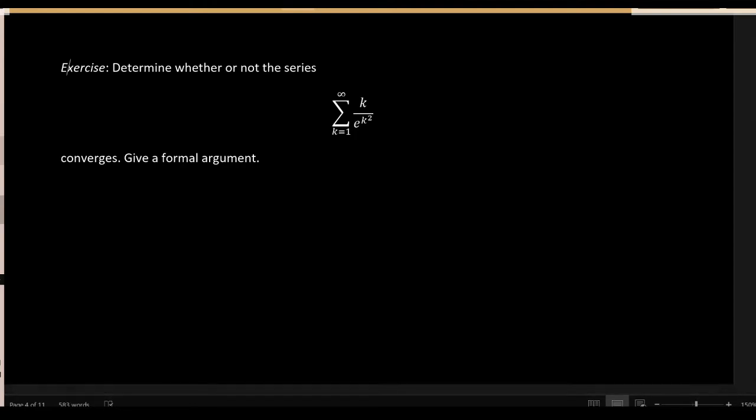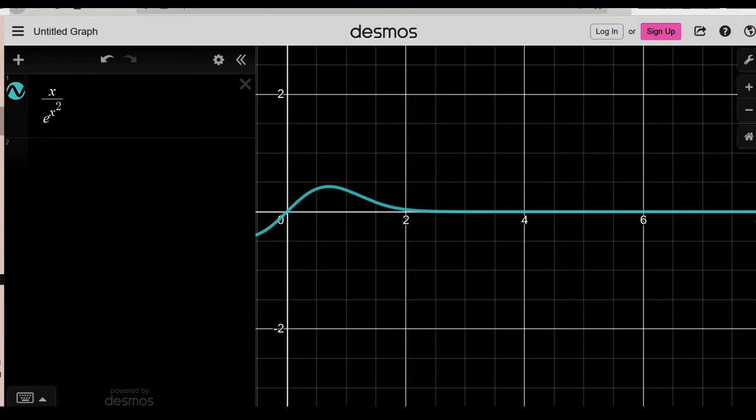So the first thing that I'm going to do is pop out to a graphing calculator program, for example, desmos.com, and graph the function that gives us the formula for the sequence for our series.